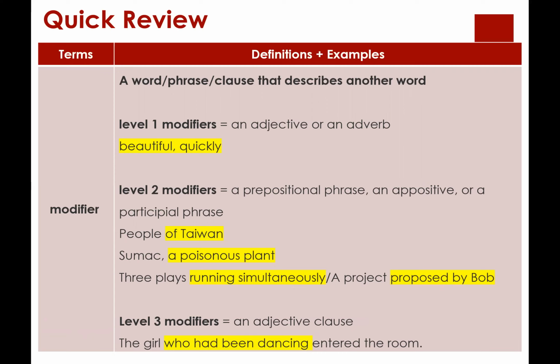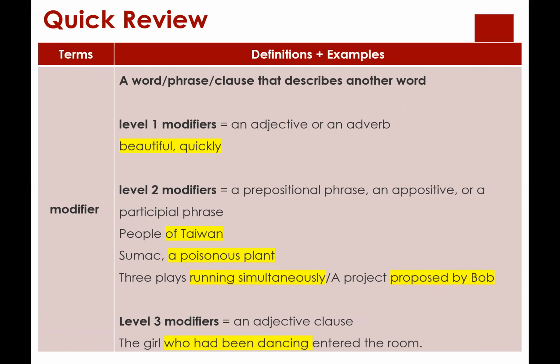So as we have established in the first few lessons, there is level one modifier, which is the basic parts of speech, an adjective or an adverb. There is level two modifier, which is a prepositional phrase, which modifies as an adjective or adverb, and an appositive phrase, which is an adjective, or a participle phrase, which is also an adjective.